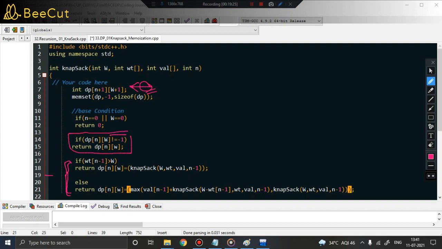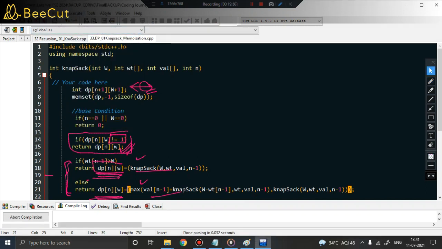Because if it is not equal to -1, it indicates that you have already computed the value, so you can directly return the value. But if it is -1, then you know that either of the conditions will be executed. And based on the condition which you are executing, you just update the value in this particular cell, so that next time when I find this particular condition, I'll just return the value. Getting the point?